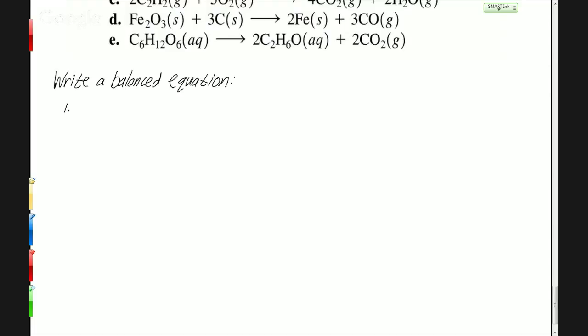So first, molecular chlorine reacts with sodium bromide.